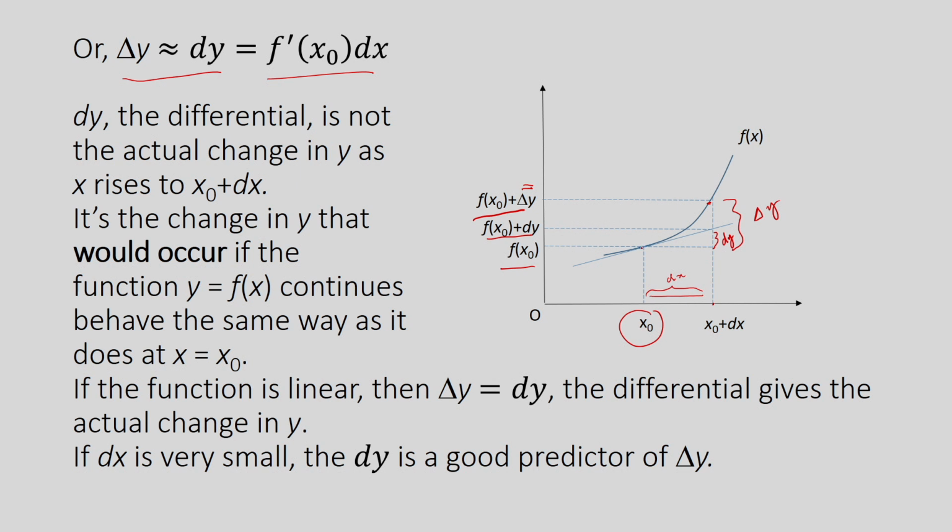So, at x is equal to x0, there is a point on the function, this is that point, and at this point if I draw a tangent, this is that tangent, and if the function actually had behaved like the tangent, then the value of the function at x0 plus dx would have been y0 plus dy.